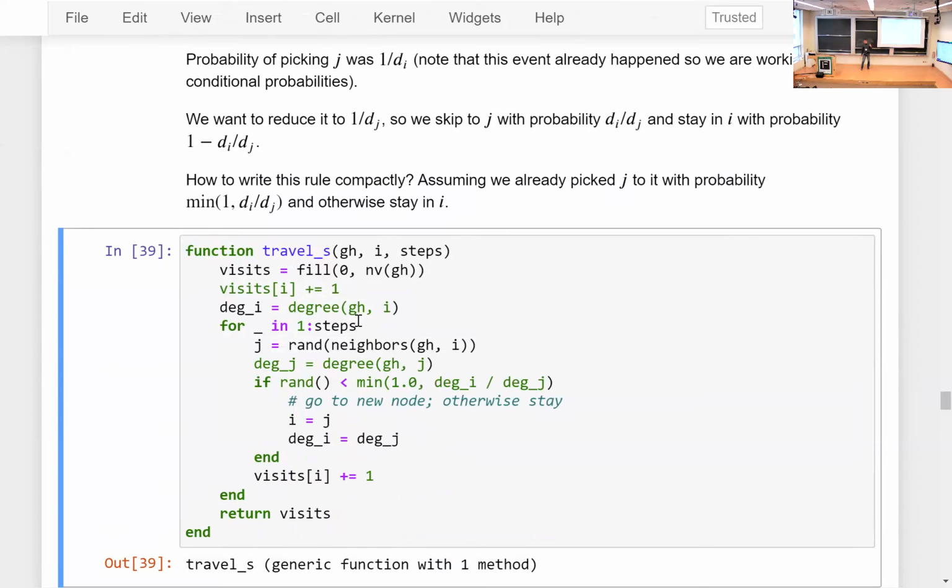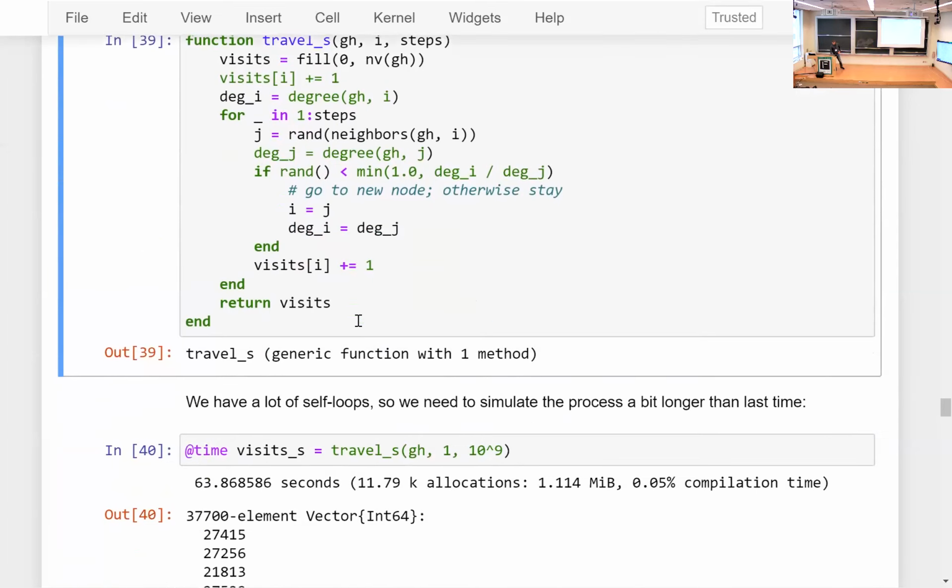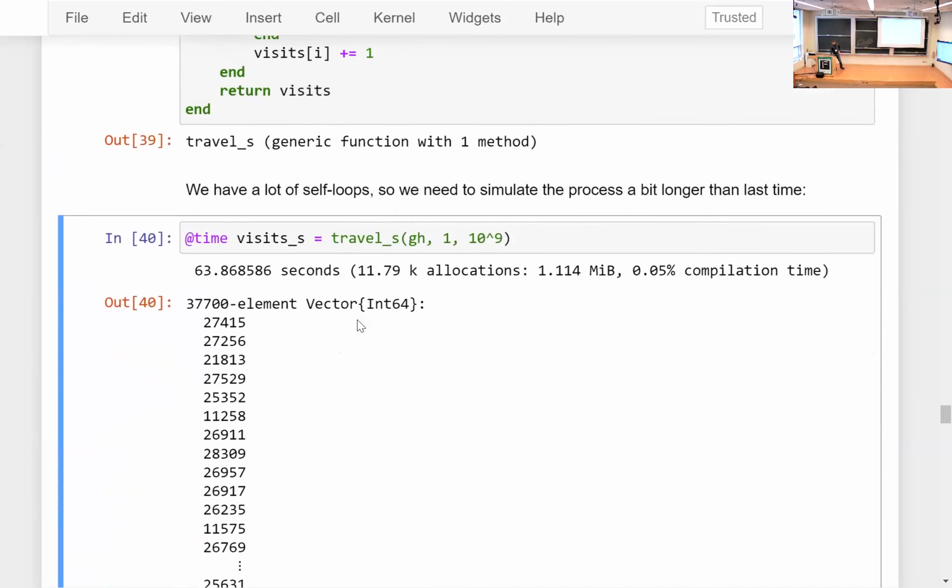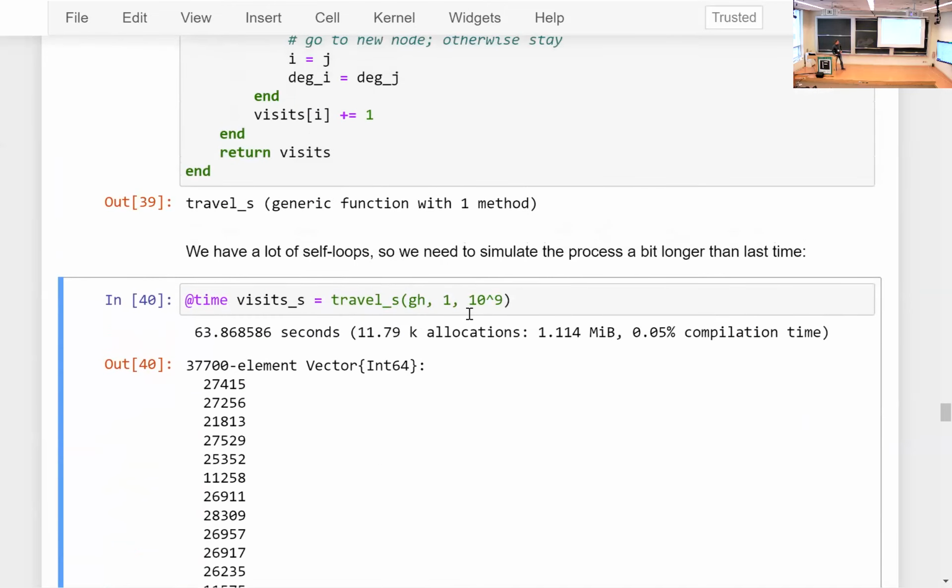Then there is one issue: note that I ran this for now 1 billion times, and it takes around 1 minute. Because the output doesn't show, I will not rerun it. But you might ask, why do I run it 100 times more?